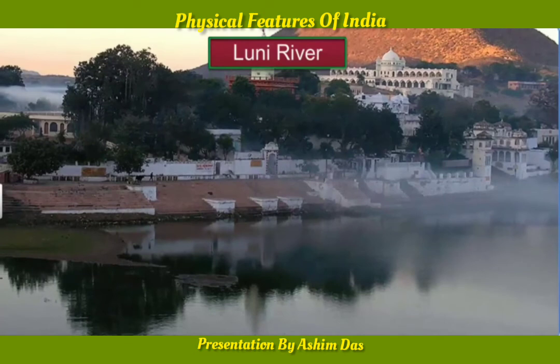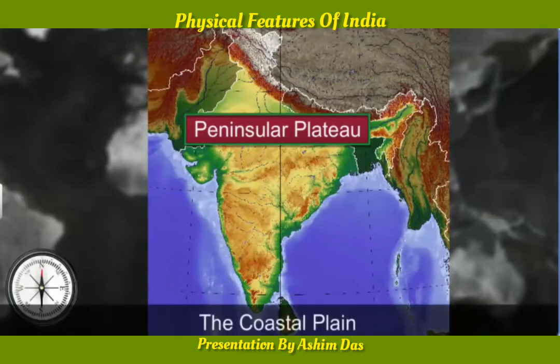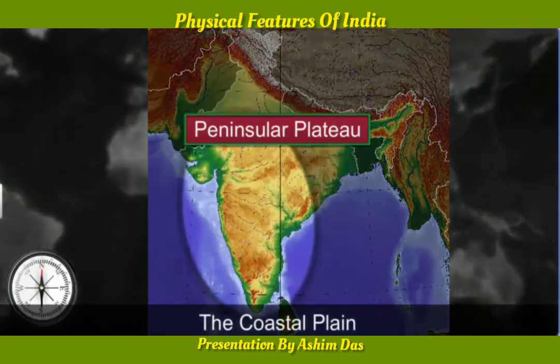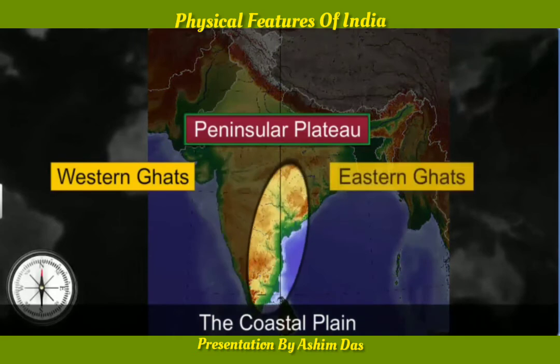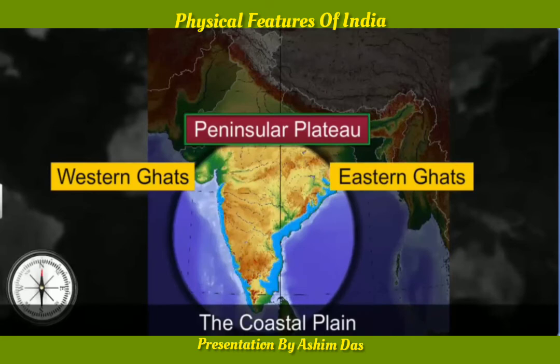Let's go back to the Peninsular Plateau. As you can see, beyond the Western Ghats and the Eastern Ghats, the plateau is bordered by narrow coastal strips. The western strip runs along the Arabian Sea, while the eastern strip is along the Bay of Bengal.